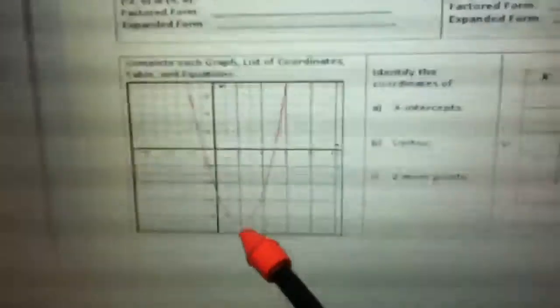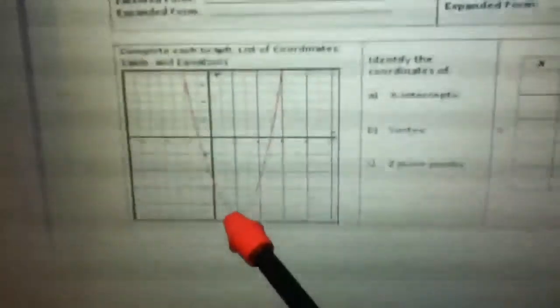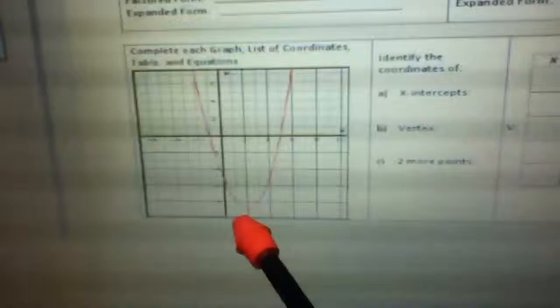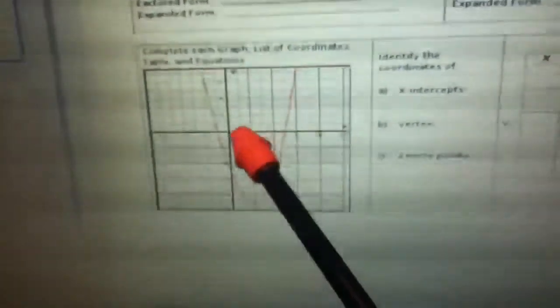This is called a parabola, where the vertex is the middle point where everything meets. So here we can see that it's about 6, 7, 8. So it would be 9, but you always want to get x first. So it would be 2, comma 9 would be the vertex.